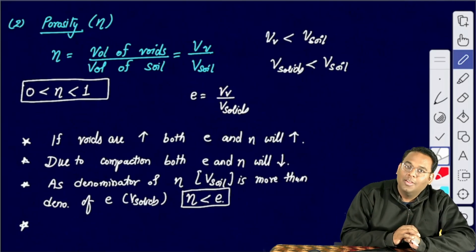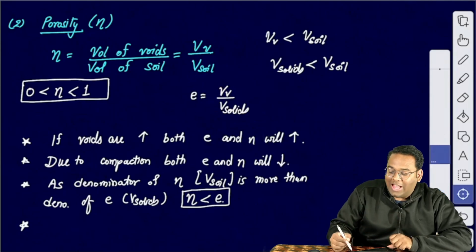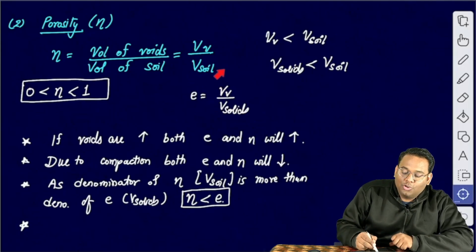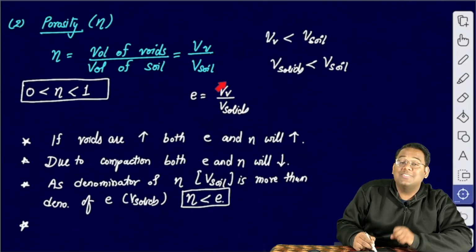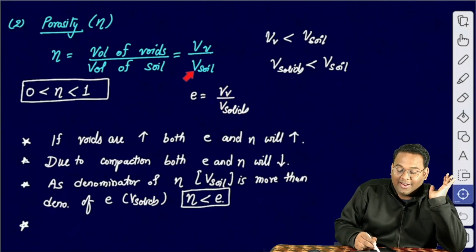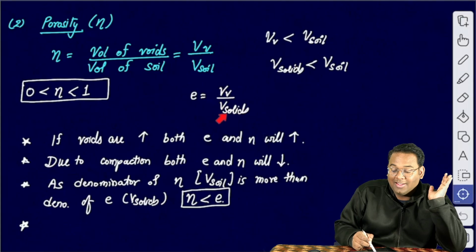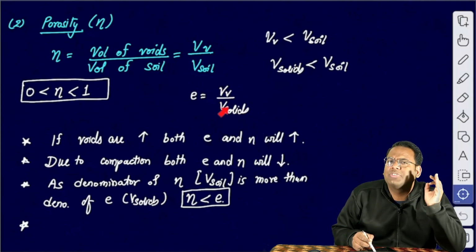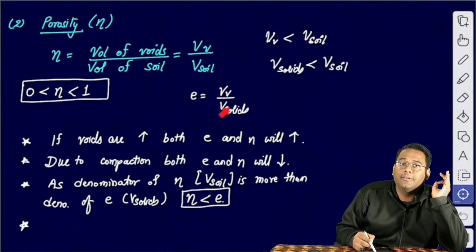Yes or no? So if we ask you which of the two terms has a fixed value of denominator? See, the denominator here is volume of soil and the other denominator is volume of solids. Which value is fixed for a particular soil?